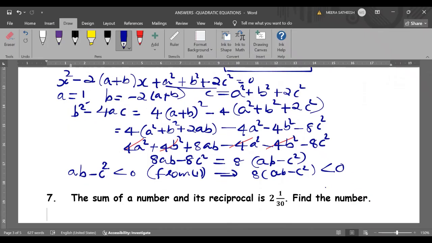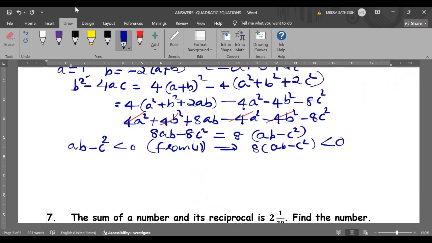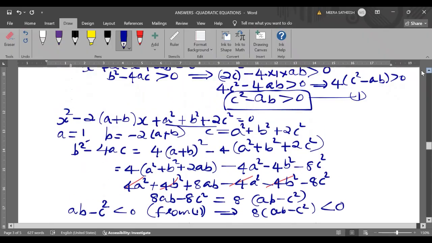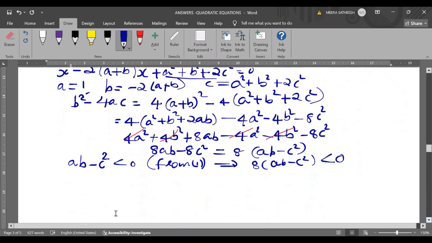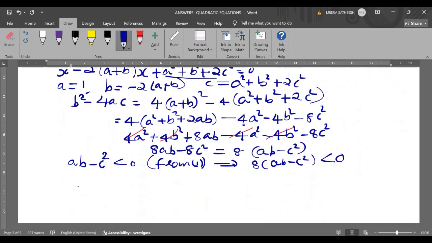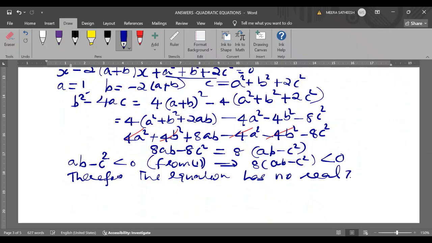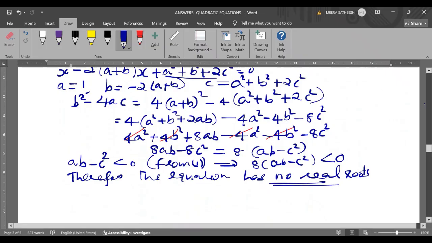So we can conclude that, what is the question? No real root. Therefore the equation has no real roots. That's all. Clear? Understood? Okay.